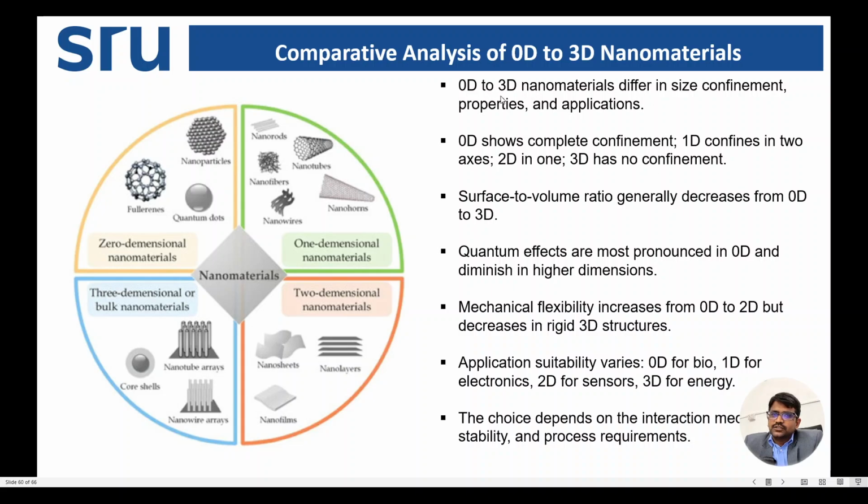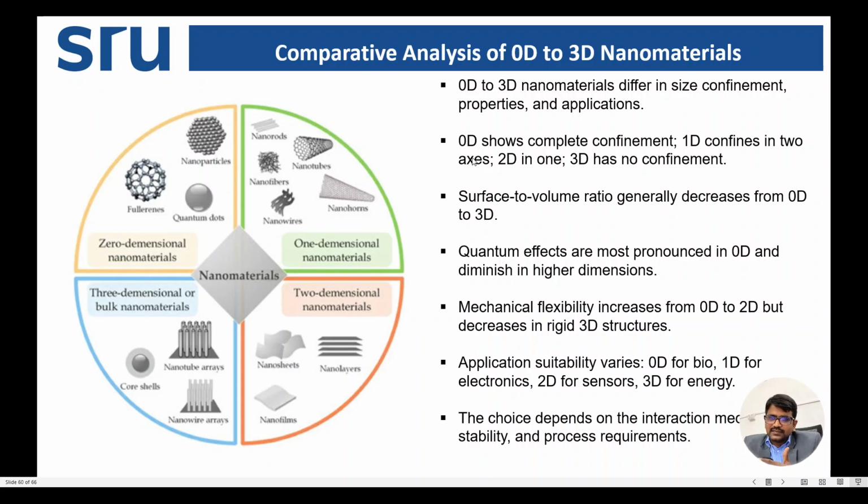So 0D to 3D nanomaterials differ in size confinement, properties and applications. 0D shows complete confinement, in all three dimensions. 1D confines in two axes.